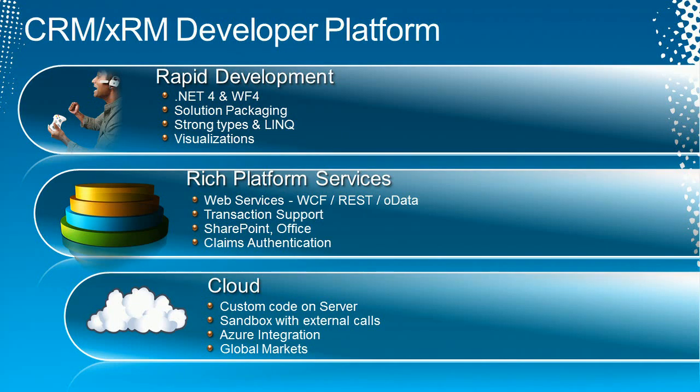And when it comes to the cloud, which is a very common conversation everybody is having these days, hey, how do I move this thing to the cloud? CRM Online makes it a little easier, because you can have your CRM applications and data in either CRM on-premises or online and move to the other depending upon your requirements. You'll be able to start your proof of concept with CRM Online, and once you're satisfied and have everything ready, move it back to CRM on-premises, or the other way around.